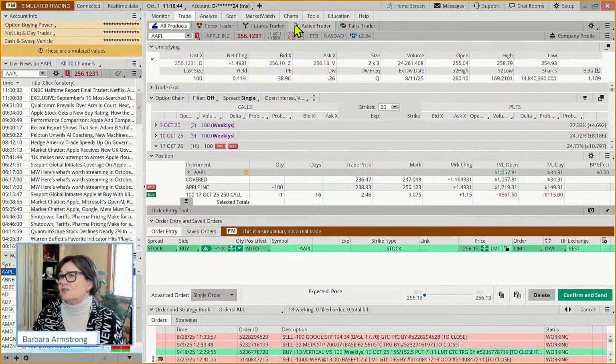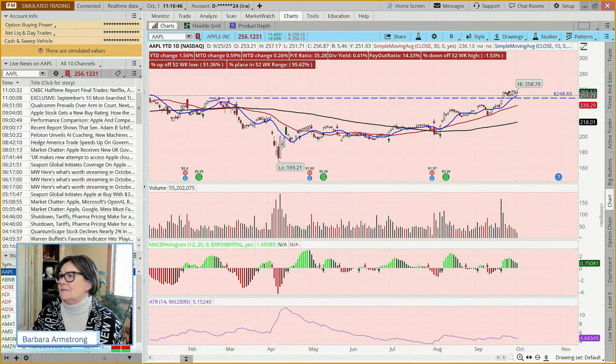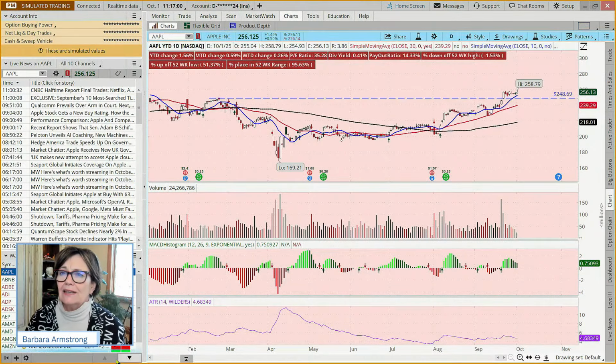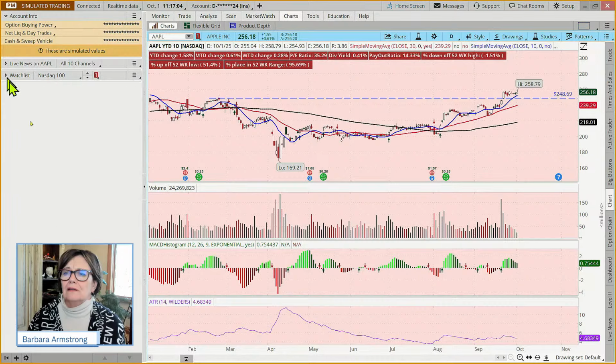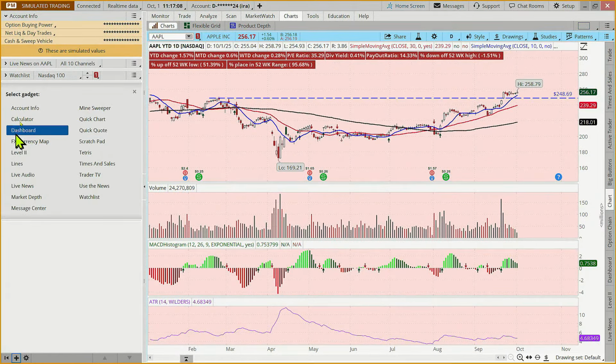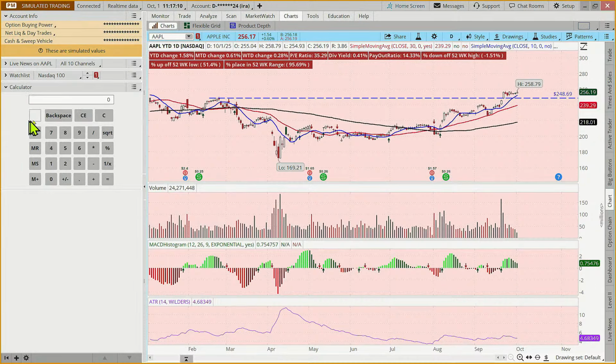But if we put a stop on it, and we say, okay, if we're looking at this because it's broken out above here, what if we took this 248? We're expecting this to hold as a support level. So what if I come down here and I'm going to add a calculator.